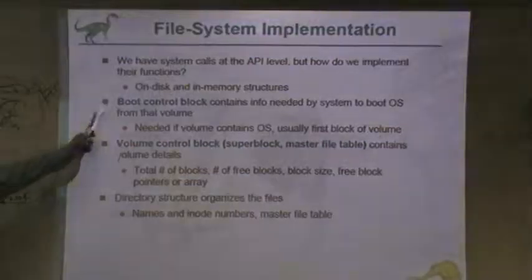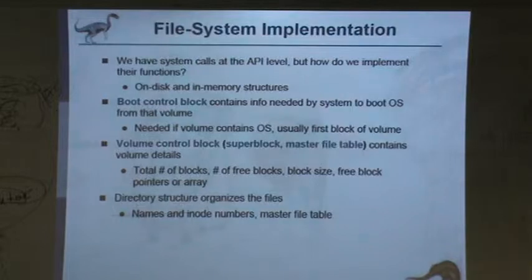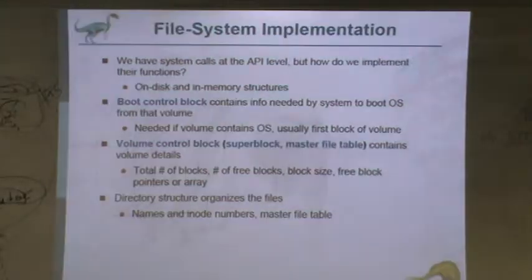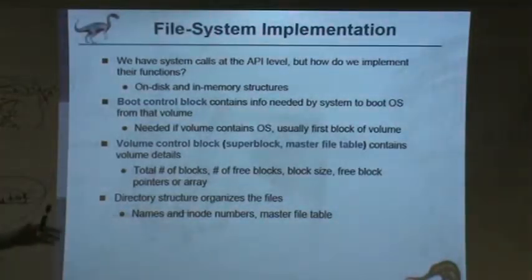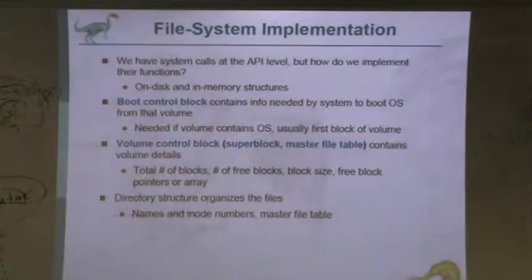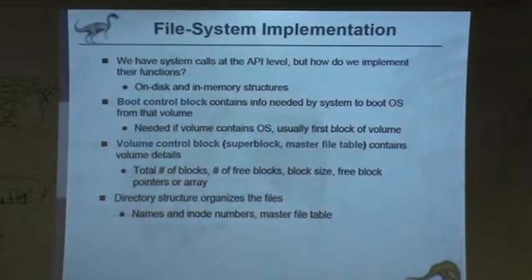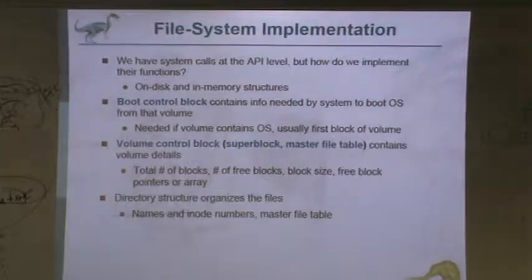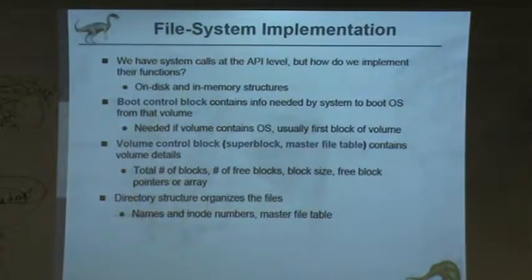It points to the address of your kernel. In case your file system does not include any kernel, it can be empty. Yes, the boot control block is the master boot record, MBR. The MBR is used in Windows systems, but it's the same thing.